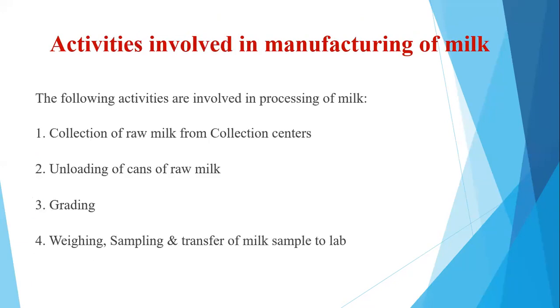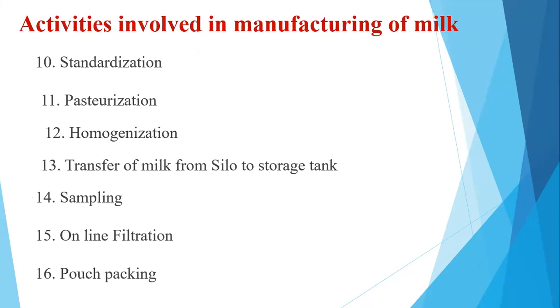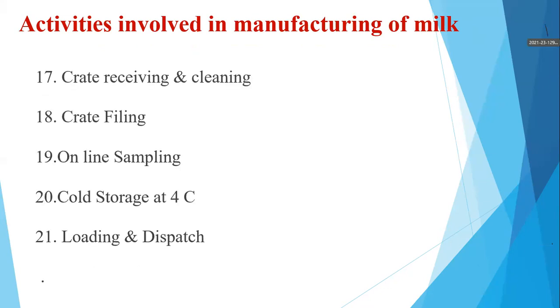Now looking step by step, we have looked into each and every activity, right from collection of the milk to the different operations that it goes through, then the tests at various levels that are conducted to check whether it is as per the required quality standards, and then they are filled up and dispatched to the customers. So the entire range of activities has been considered over here, right?